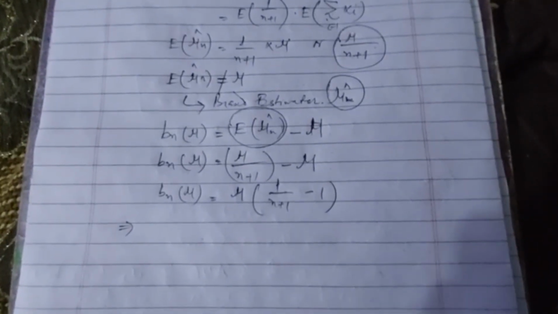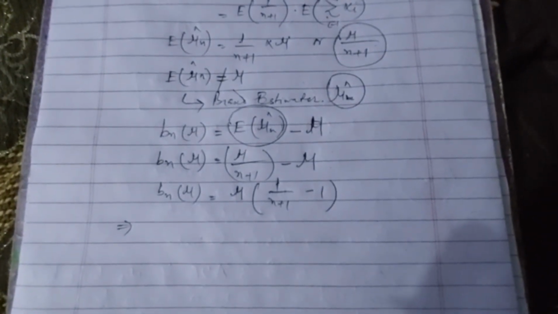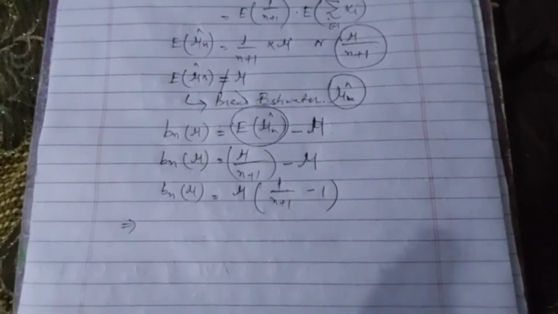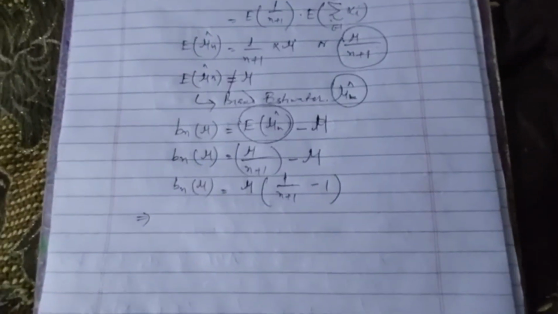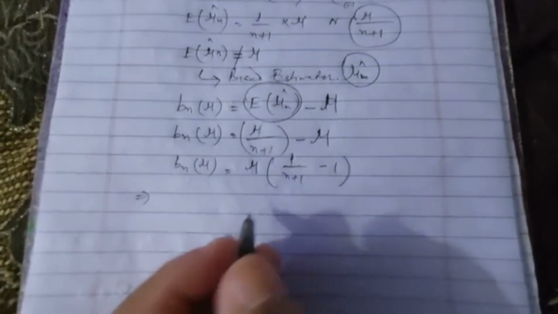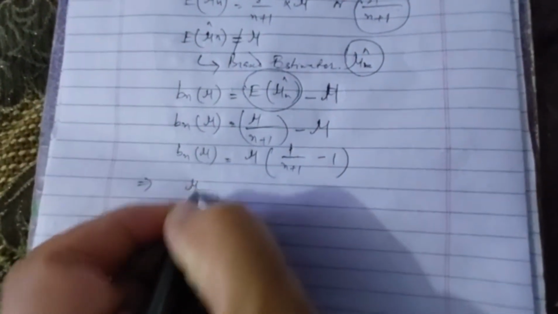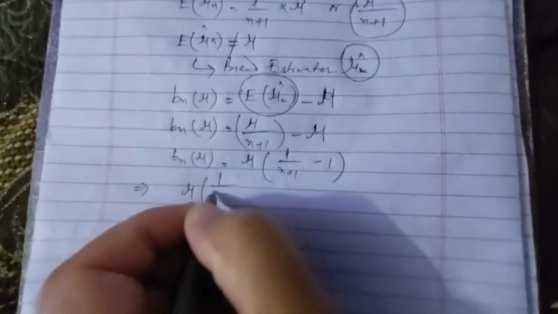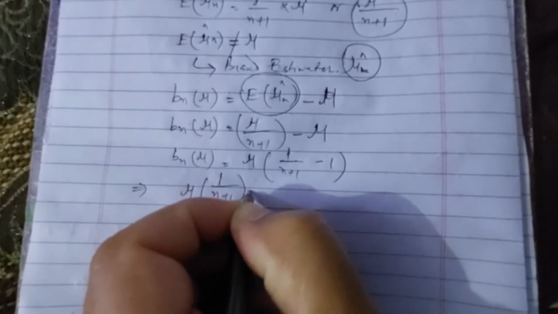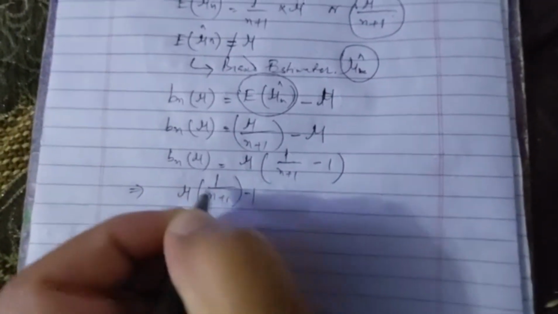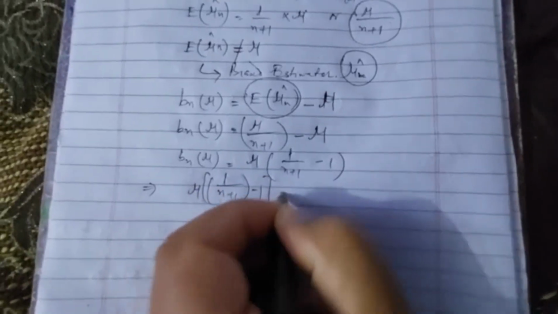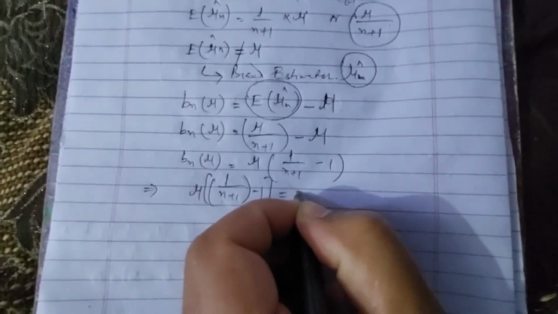Now that we have the bias of this estimator, we want to get this bias equal to 0. So let's do that. Let's put mu times 1 divided by n plus 1 minus 1 equal to 0.